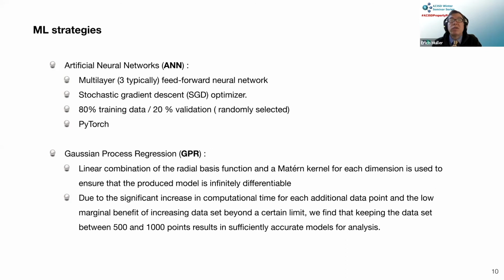For the Gaussian process regression, we kept things very simple. We had a linear combination of radial basis functions and a kernel for each dimension. The reason for that was basically that we wanted infinitely differentiable models.